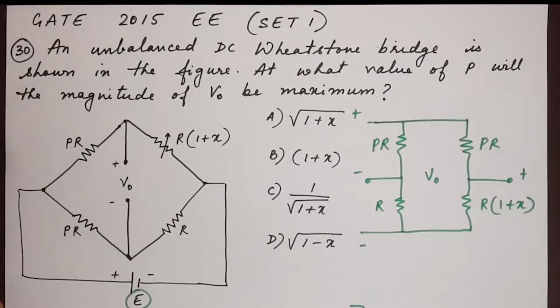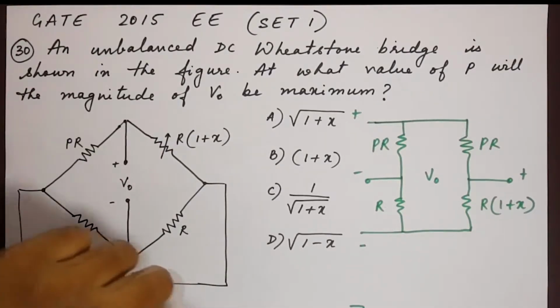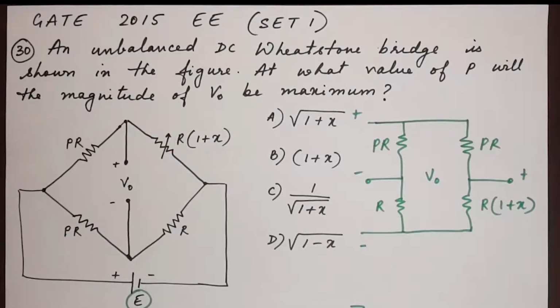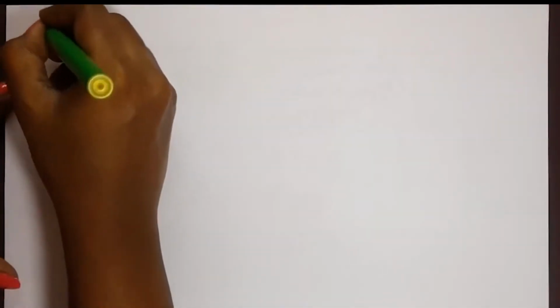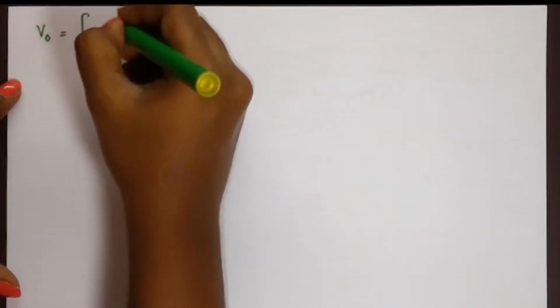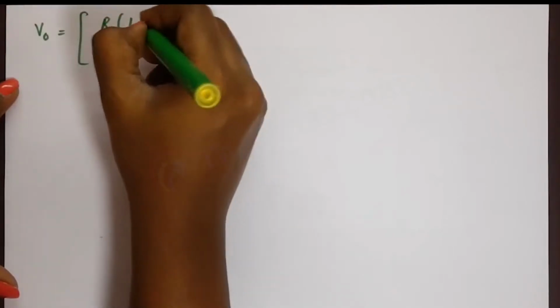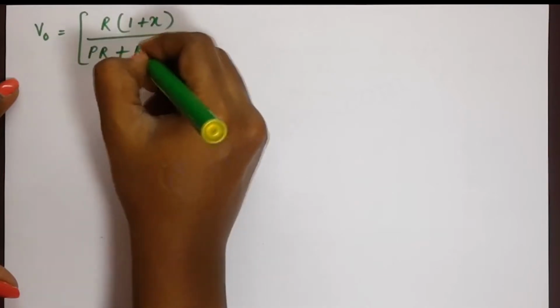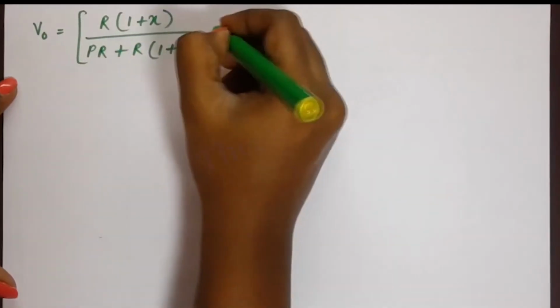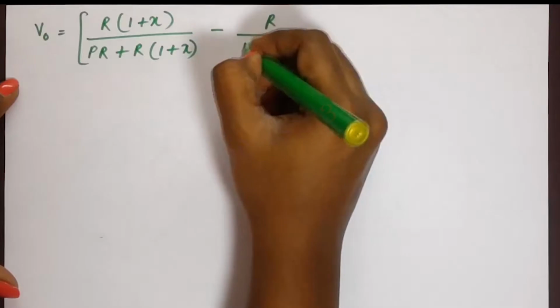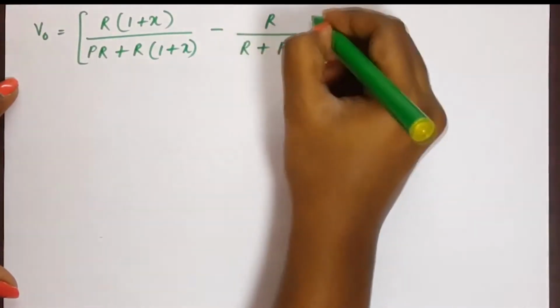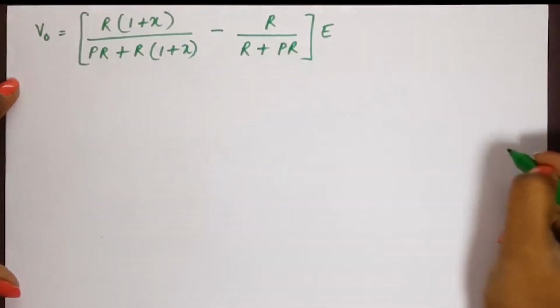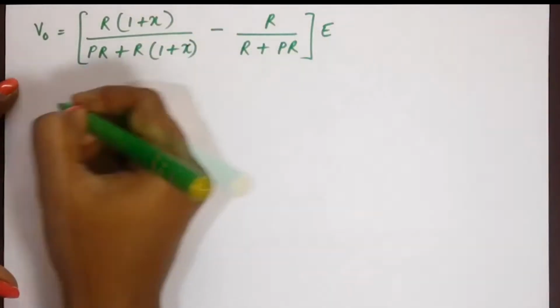Now let's open up the brackets and resolve the fractions. I'll rewrite that equation here. V0 is equal to R into 1 plus X divided by PR plus R into 1 plus X, minus R divided by R plus PR, into E. Now let's resolve the fractions.